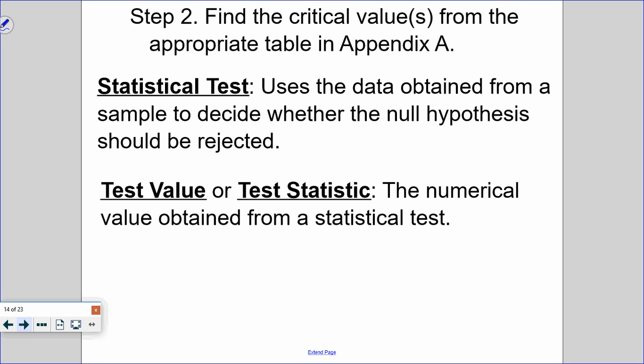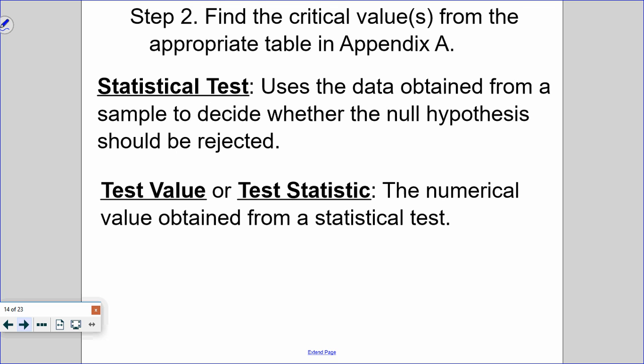You decide whether you're going to do a z-test or a t-test or chi-squared or whatever it is. There are all these different types of t-tests and z-tests and statistical tests in general. Okay?